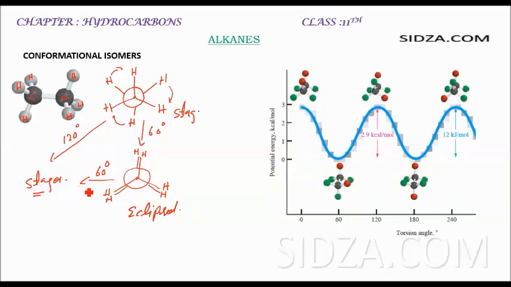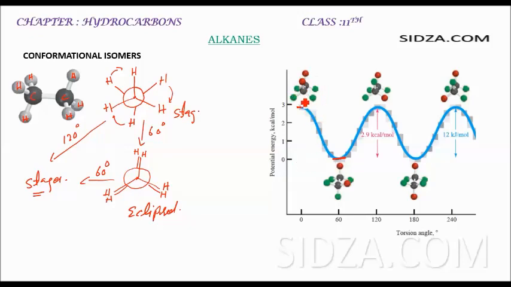So let's see the energy level diagram. Look at this one. This is the potential energy, and this is the staggered one. It is more stable than the eclipsed. In the eclipsed state, these two hydrogen atoms are eclipsed, these two are eclipsed, and these two are eclipsed.